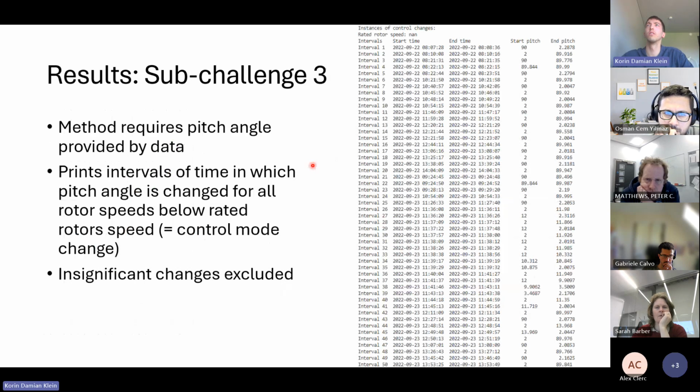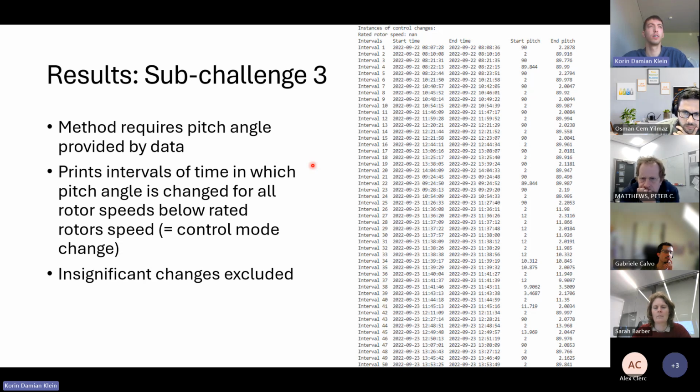I also tried to solve sub-challenge number 3, but I also only found a very simple method which considers the pitch angle. So this method requires the information from the measurement data on the pitch angle, which is not always the case.